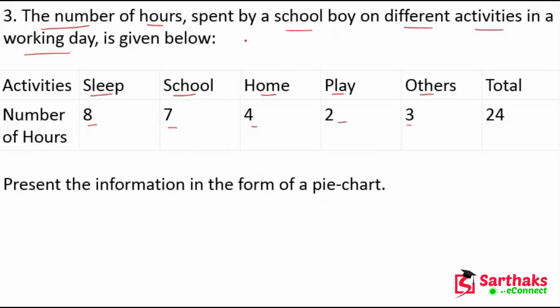So we can say that the schoolboy spent 8 hours on sleep, 7 hours in school, 4 hours at home, and he spent 2 hours for play. He spent 3 hours in other activities. And the total is 24. Now represent this information in the form of a pie chart.